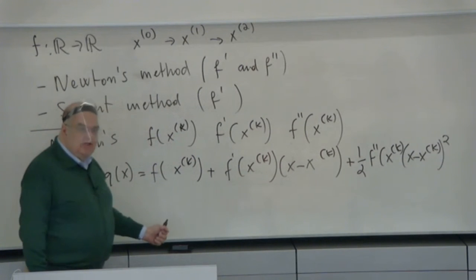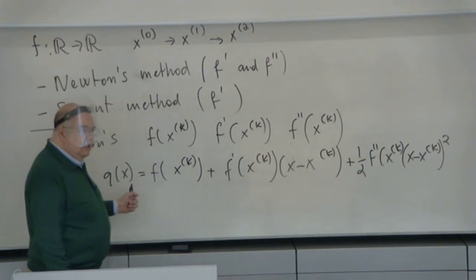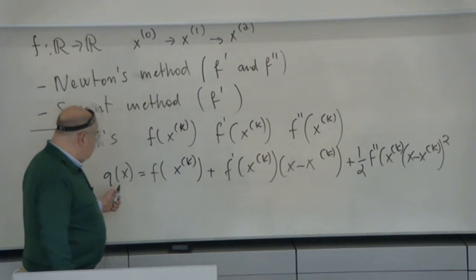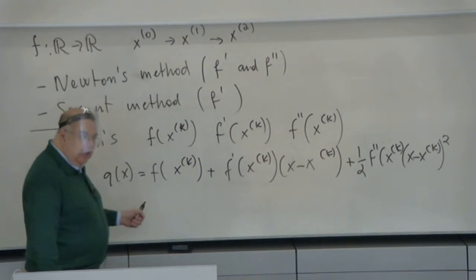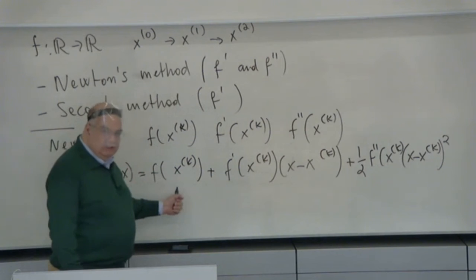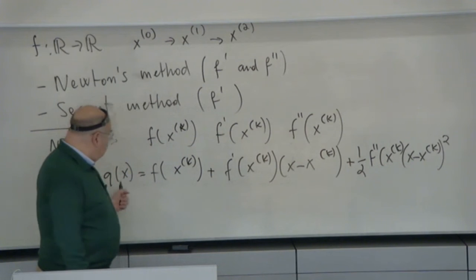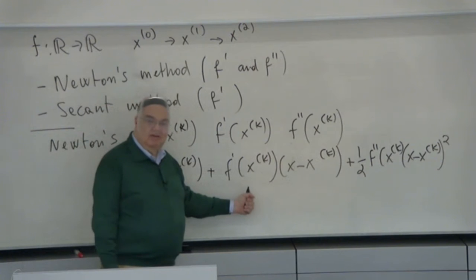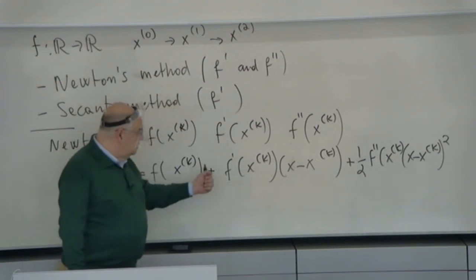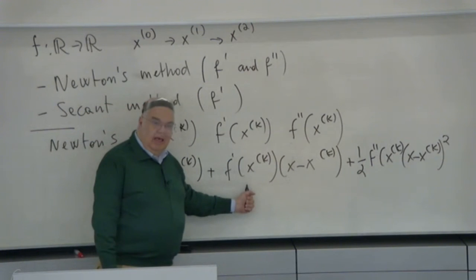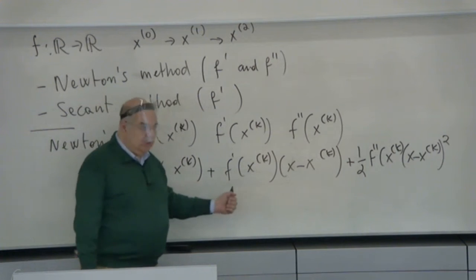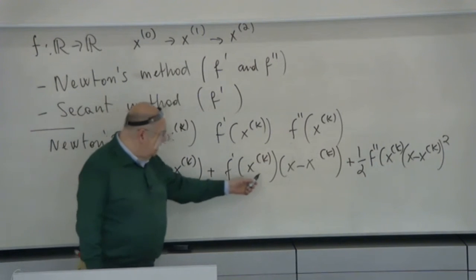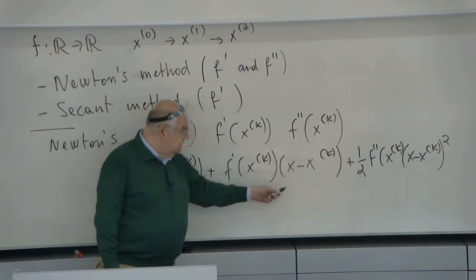And as we know, the Taylor expansion has the good property that q of x at xk equals f of xk. The derivative of q at xk equals the derivative of f at xk, because if you compute the derivative, this term disappears.